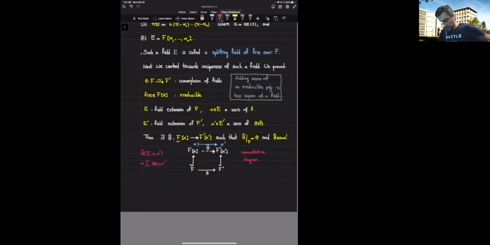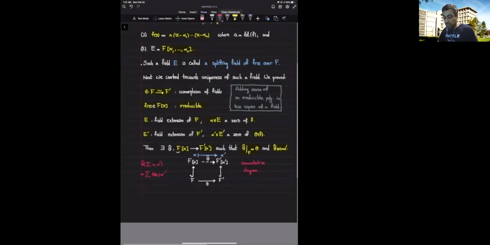And what we are saying is that such a theta hat is well defined, and it is indeed an isomorphism between F bracket alpha and F prime bracket alpha prime. So this is the claim that we proved in the previous lecture.